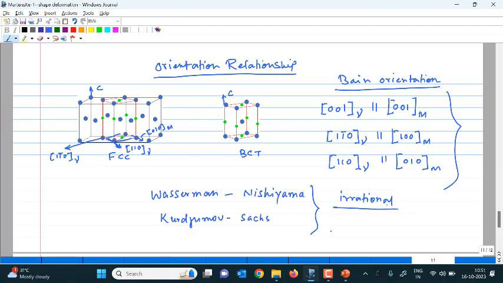And in order to understand the Martensite transformation completely, we need to understand why it is irrational. This also tells you that a simple homogeneous deformation like the bend distortion is not enough to transform austenite into martensite. Otherwise, this orientation relationship that you see here would have been true experimentally also. So there is something else that we need to consider.